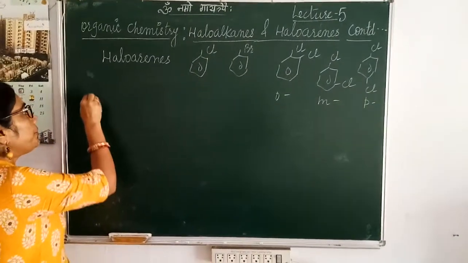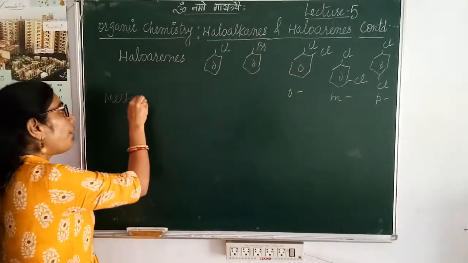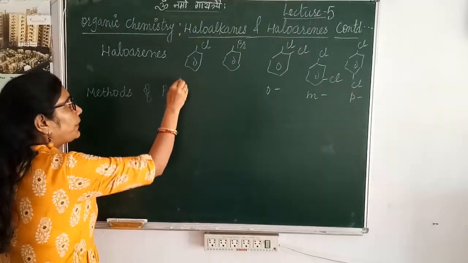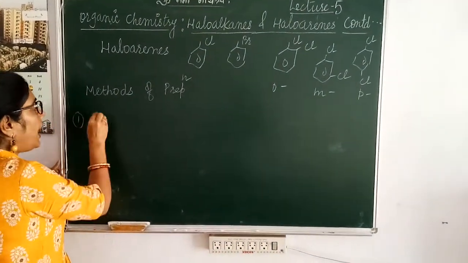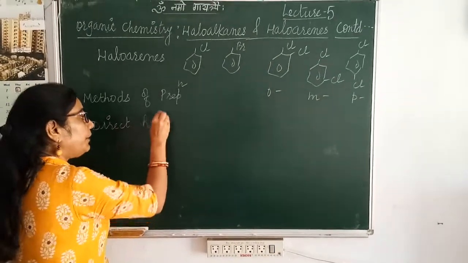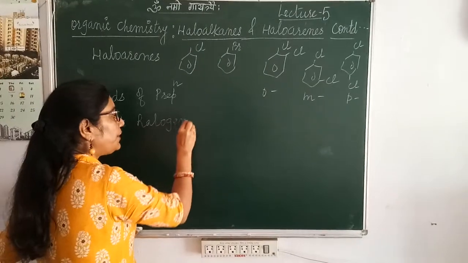So we are going to start with methods of preparation of haloarenes. Number 1, direct halogenation of benzene. We have studied this reaction in class 11 also.